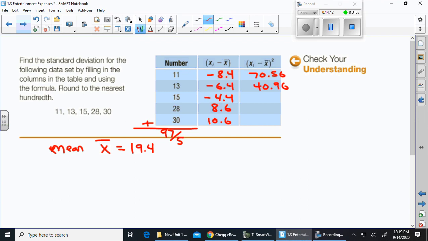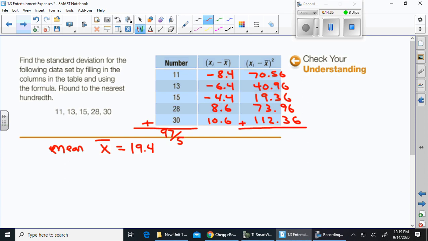40.96. 4.4 squared, 19.36. 8.6 squared, 73.96. And then 10.6 squared is 112.36. You're going to add those up.